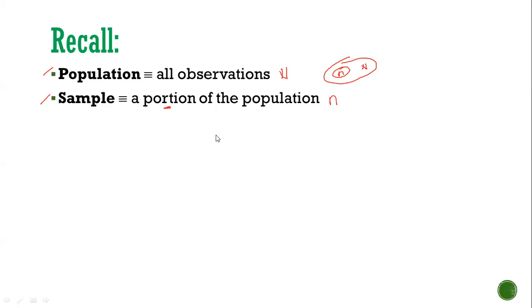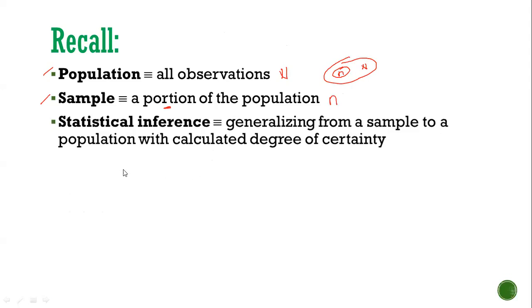Next, we have here your statistical inference. It says there generalizing a sample to a population with calculated degree of certainty. Okay, so recall ulit tayo. Your statistics is divided into two types. Diba?